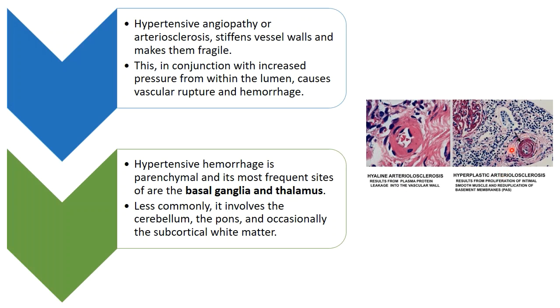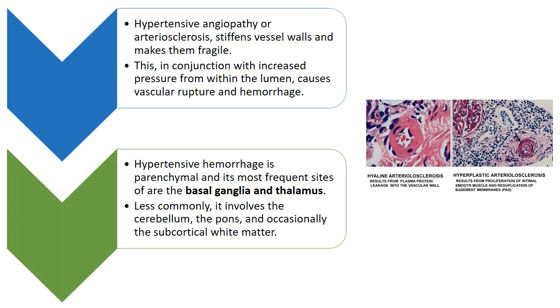And this is the characteristic hyperplastic arteriosclerosis, which has resulted from the proliferation of the intimal smooth muscles and reduplication of the basement membrane. This stiffening makes the vessels fragile. In conjunction, if there is an increased pressure within the lumen, there is an associated vascular rupture and hemorrhage. So this hypertensive hemorrhage typically involves the parenchyma, and the most frequent sites are the basal ganglia and the thalamus.